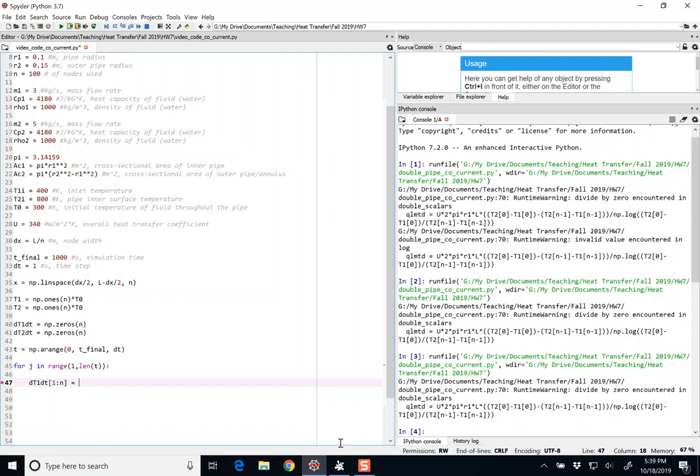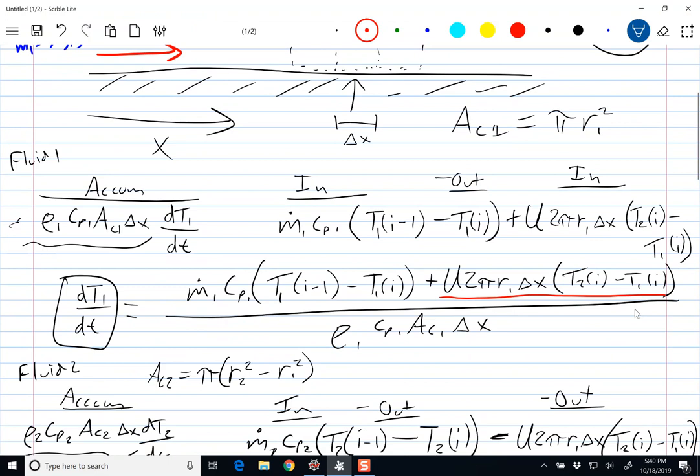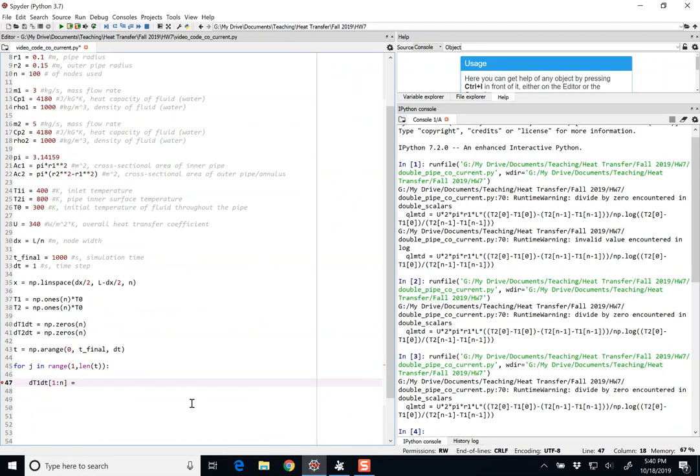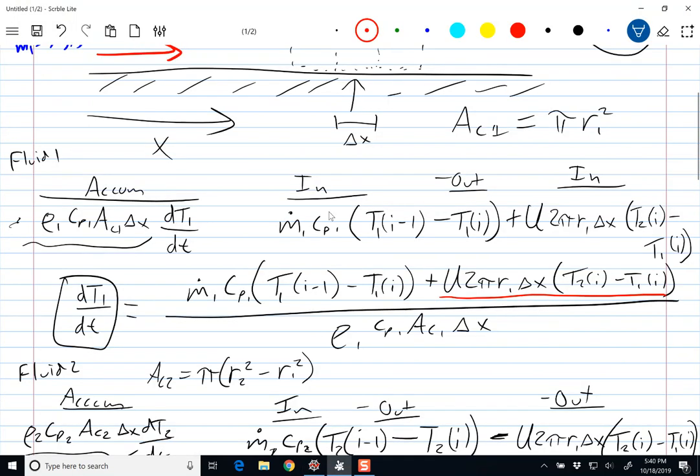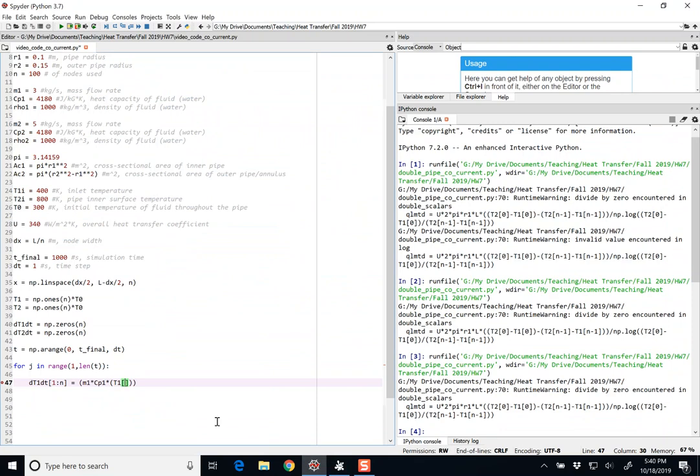So what I'm going to do now will basically be coding in this entire equation. We've got our mass flow rate times CP1 times, now we're going to have T1. Remember, fluid is flowing into this node from the prior node, so we're going to set our indexing back by 1 here.